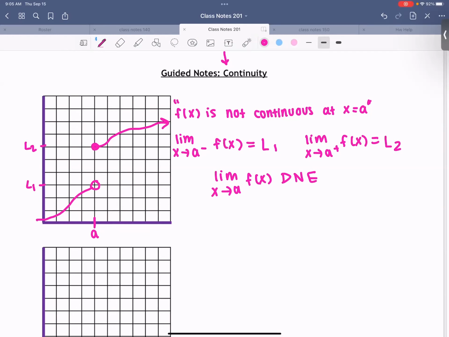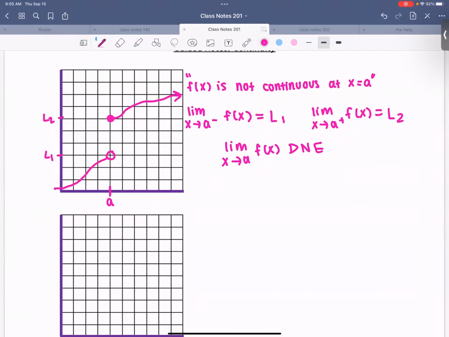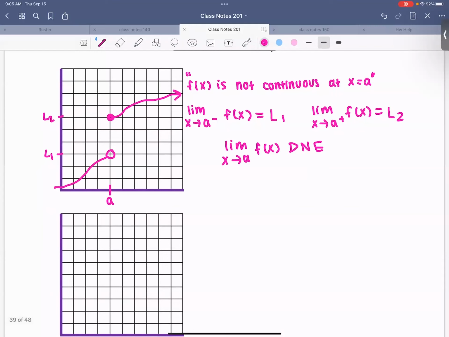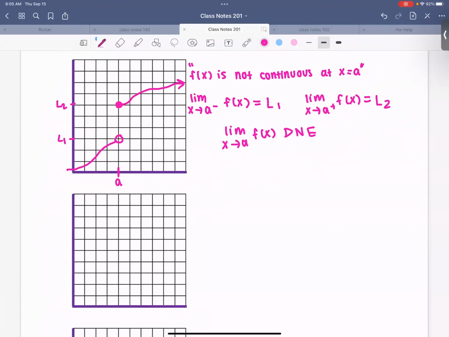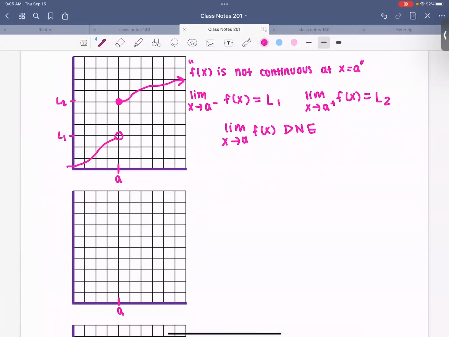But this is not enough. Okay, so let me show you an example where the limit does exist, but we still have a discontinuity. Okay, let's still keep a. So we're still looking at that point a. And let's say we have a function, and maybe it's going down this time. Okay, and it's going down, but we have a hole.